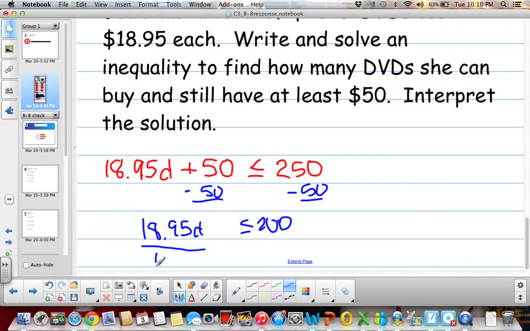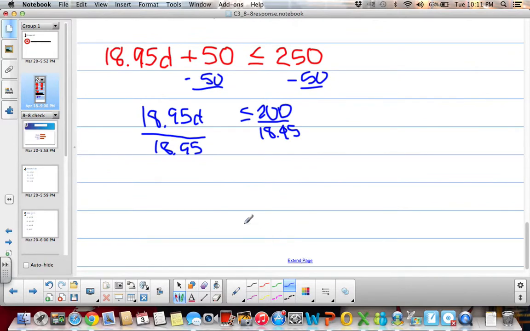Now we're going to divide both sides by $18.95. So we would go 200 divided by $18.95. D is less than or equal to 10 point, we'll round to the nearest tenth, so 10.6.